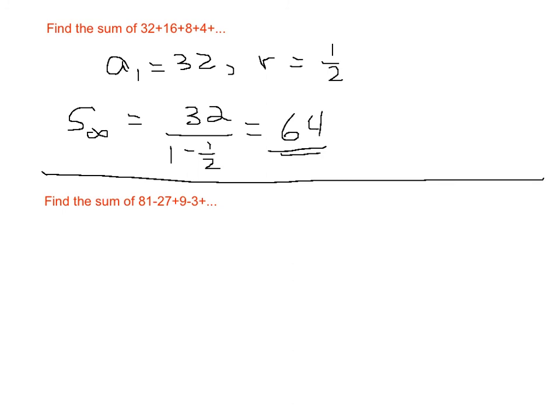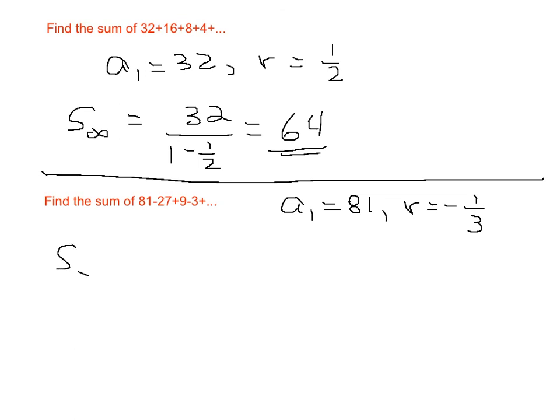So this looks a little bit different, but what you'll notice on this is, yes, it's infinite, and yes, it's geometric. My first term is 81, and what does r equal? Kind of interesting, minus a third.